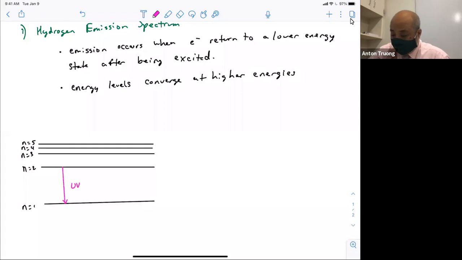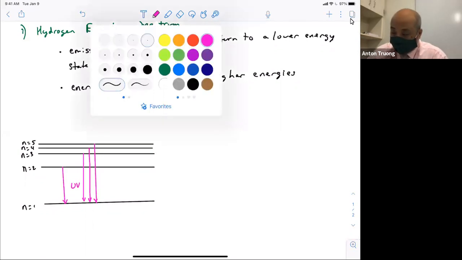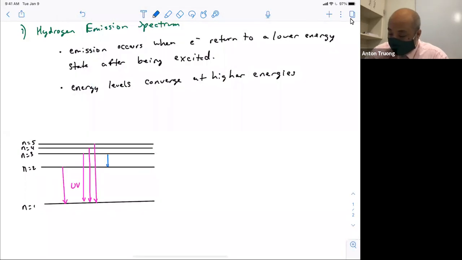All the jumps down to energy level 1 were UV because they exceeded the energy requirements for visible light. Whereas jumps down to 2 were in your visible spectrum because they were a lesser amount of energy, and therefore were in the visible spectrum.